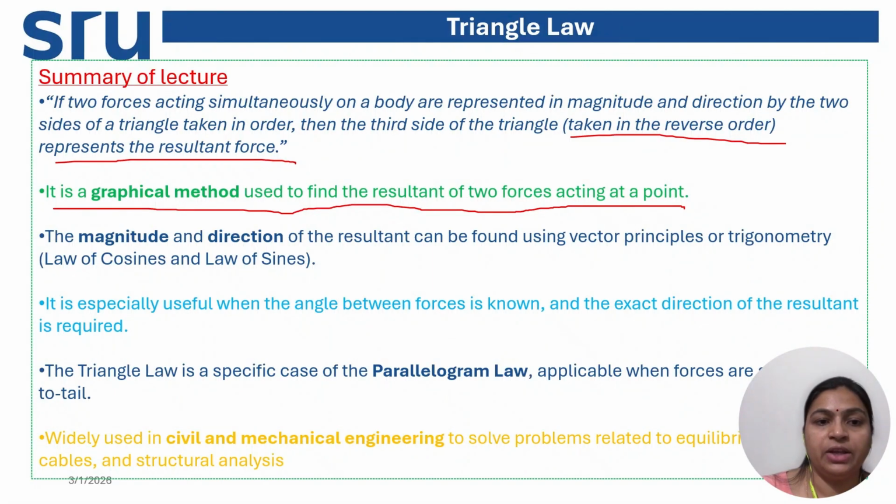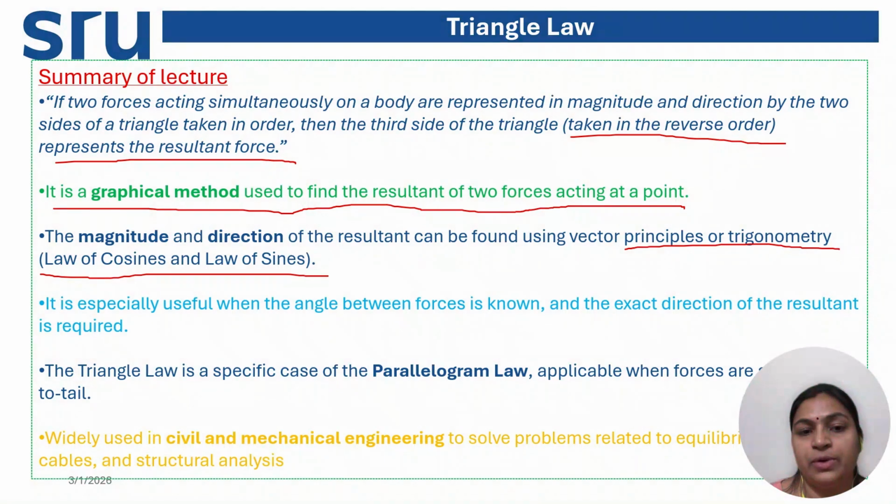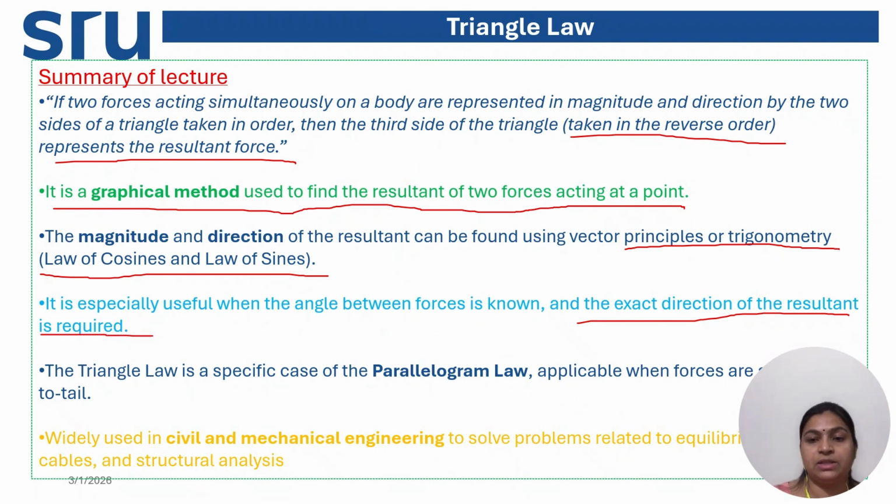For the magnitude and direction of the resultant, we use normal principles of geometry, the law of cosines and the law of sines. It is especially useful when the angle between two forces is known and the exact direction of the resultant is required. The triangle law is a special case of the parallelogram law, applicable when forces are added tip to tail.